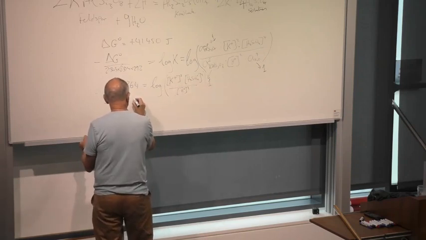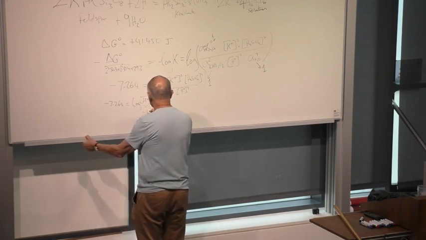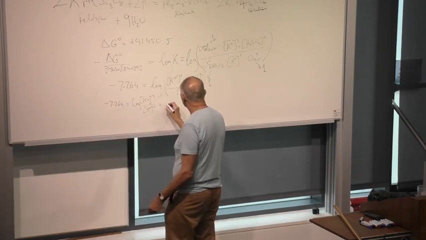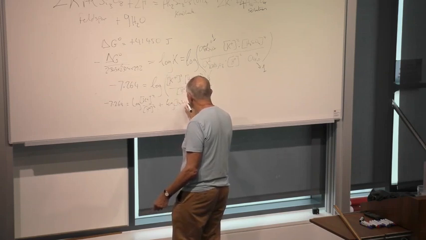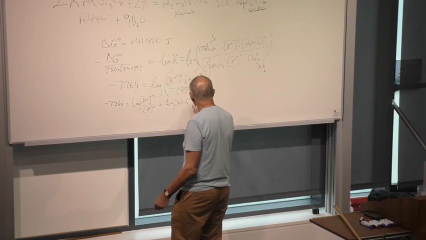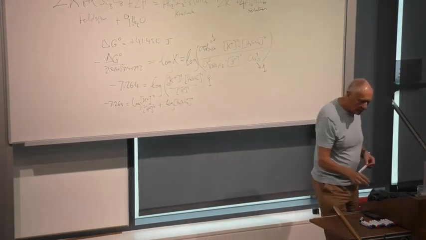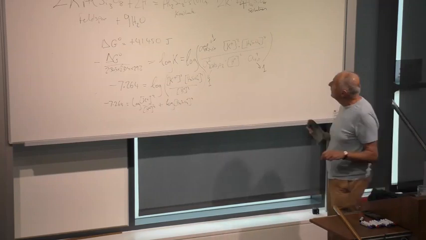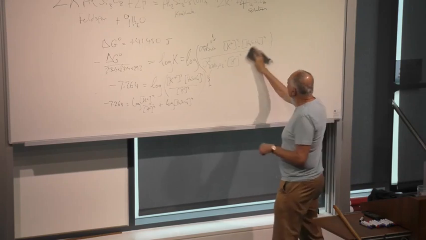So that's log K plus squared over H plus squared plus log H4SiO4 to the fourth.